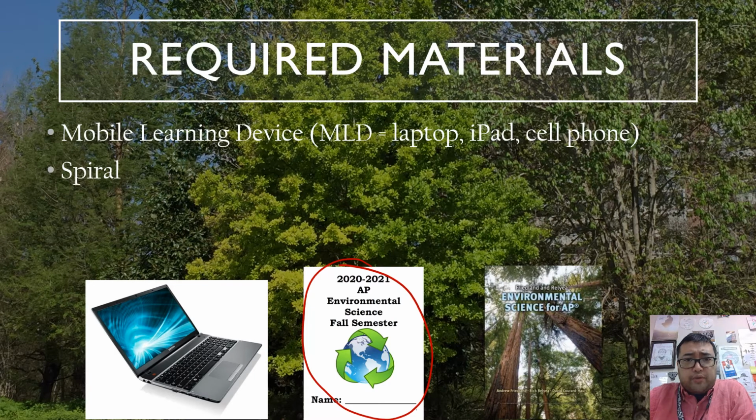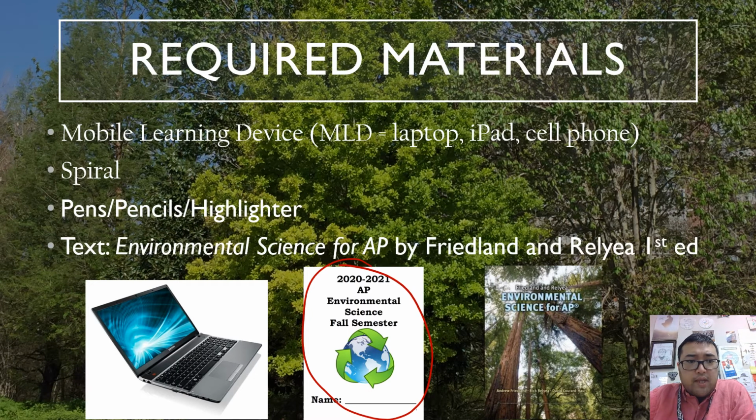For you virtual students, if you want to pick up your spiral, you can pick it up at the front office, and Miss Bossy and I will send out a message when that process is available. Then we have pens, pencils, highlighter, and your textbook. The textbook can be found on Canvas.